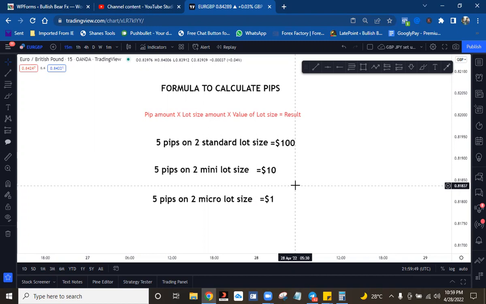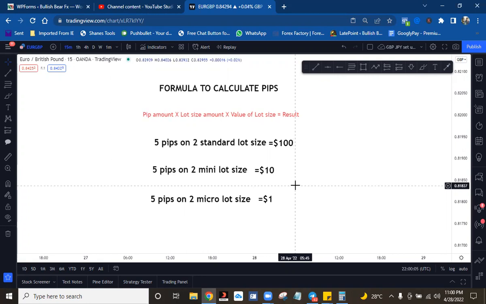One who is using a standard lot size per trade simply has a lot of money in his account that he's willing to risk $100 per trade. So when we start our risk management, it's going to be much easier for you by the time we begin the risk management class.